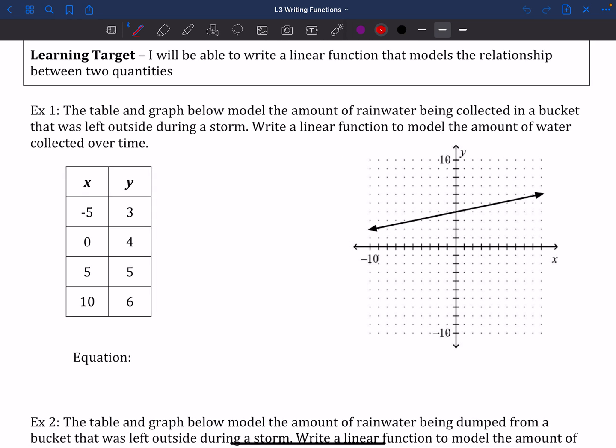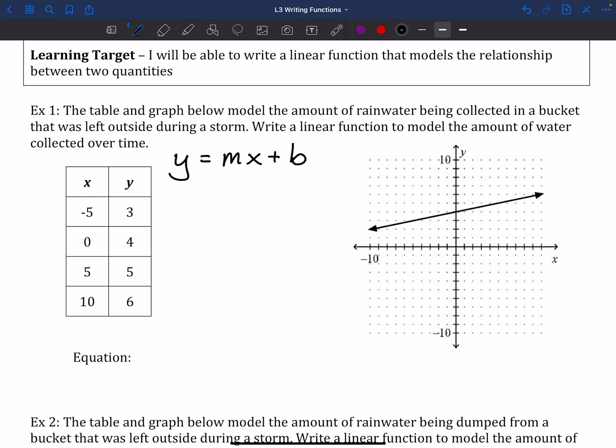So we've got this table over on the left, and we've got that graph over on the right. And what we want to be able to do is make a function out of it. The easiest one, and the one that we're going to focus on today, is trying to get it to look like y equals mx plus b. Hopefully you remember from previous math classes that this is called slope-intercept form of a line.